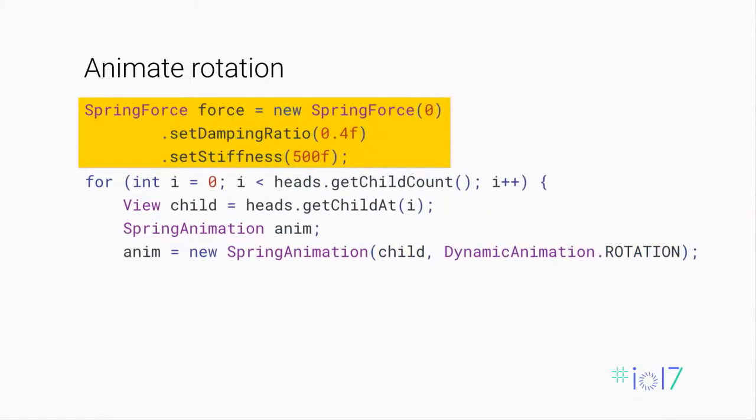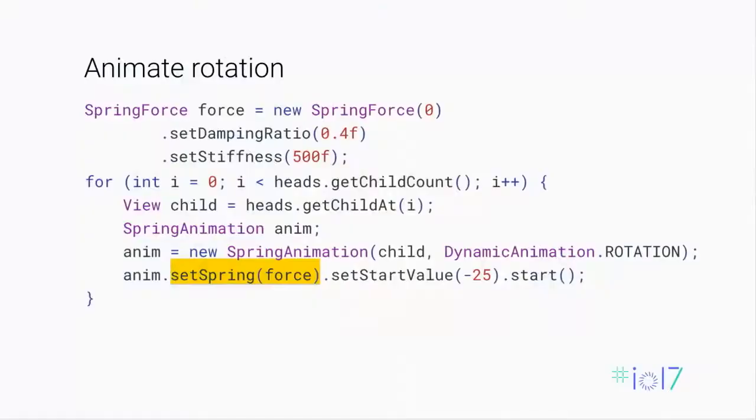We're going to create a custom spring force of a resting position of 0 and a damping ratio and stiffness that looks good for this particular animation, arrived at through careful experimentation. And you might ask, why do we want to use a custom spring force instead of the built-in spring force? And the answer is, by creating a custom spring force, we can then share this spring force across all the spring animations for the children.